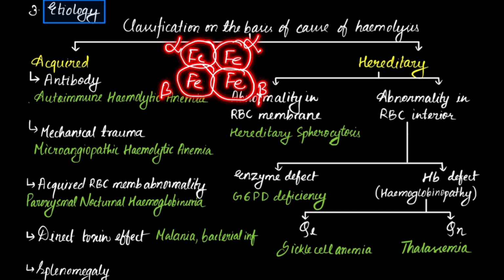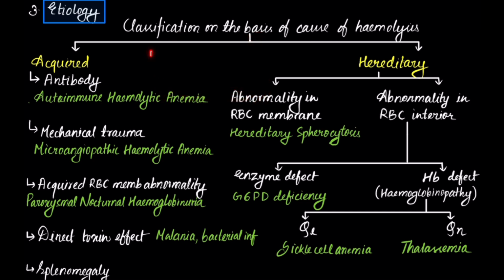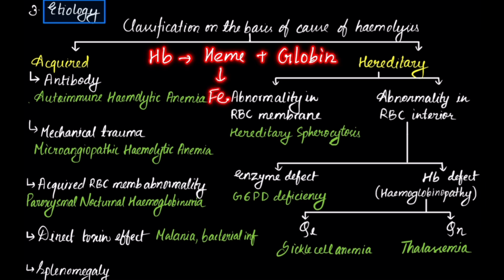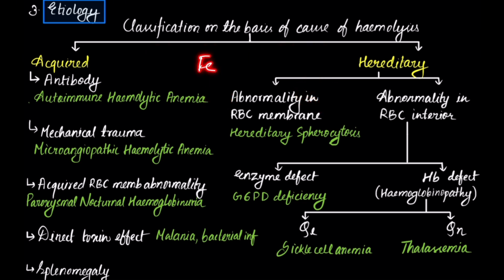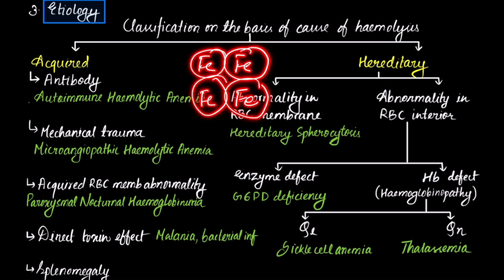Hemoglobin contains heme plus globin protein, right? The heme is the iron part. Globin protein contains alpha and beta globin chains. There are altogether 4 iron molecules, each of them associated with one globin protein. Out of these 4 globin proteins, 2 are alpha chain and 2 are beta chain.